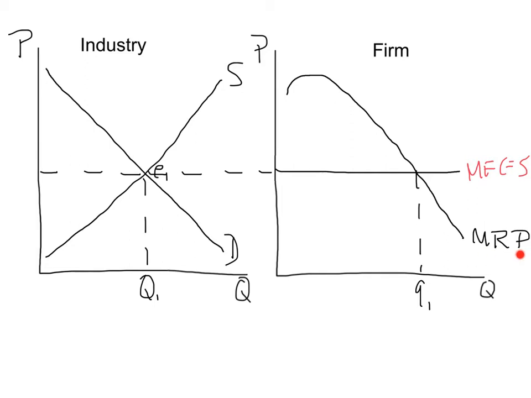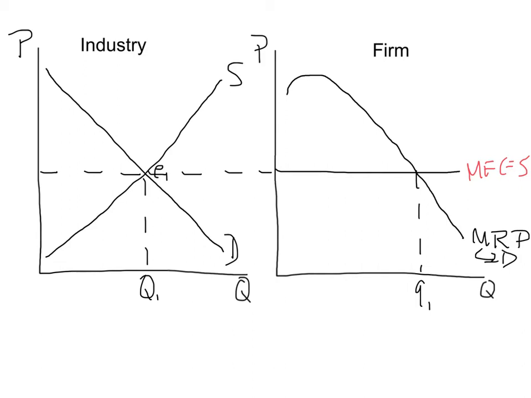First, let's start with the marginal revenue product of the firm. This is, again, the money that each additional worker provides to the firm, and in essence, this marginal revenue product acts as the firm's demand curve for labor, right? So this is equivalent to the demand curve that the firm has for labor. We also have to be aware of the demand curve in the industry, and that these two are not unrelated.